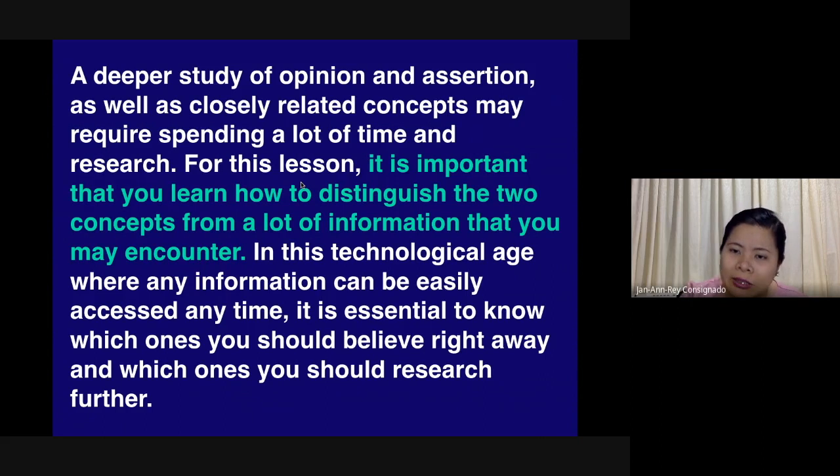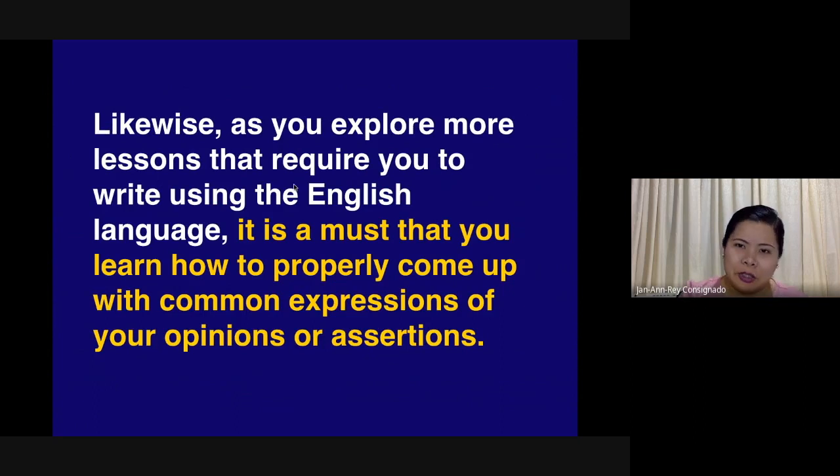In this technological age, where any information can be easily accessed anytime, it is essential to know which ones you should believe right away and which ones you should research further. Likewise, as you explore more lessons that require you to write using the English language, it is a must that you learn how to properly come up with the common expressions of your opinions or assertions.